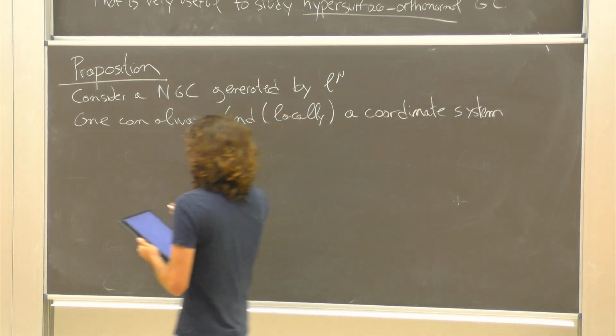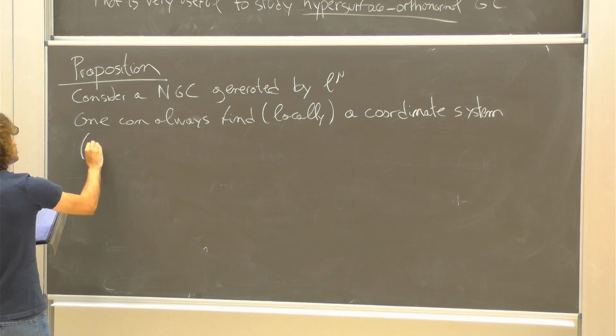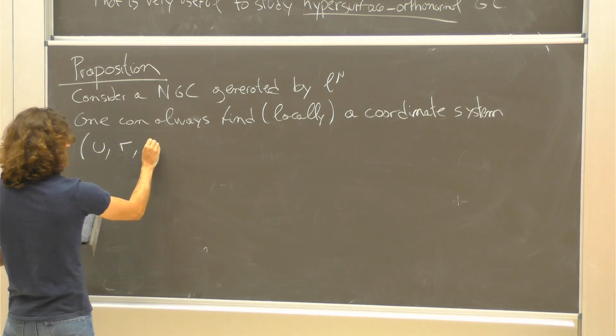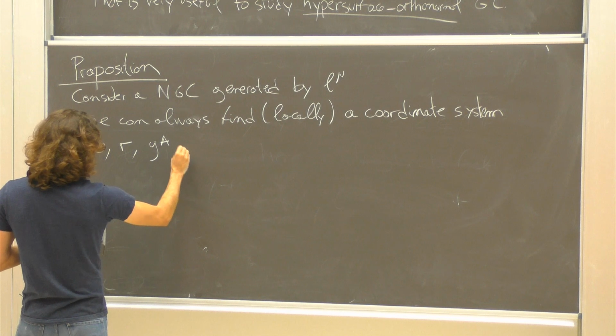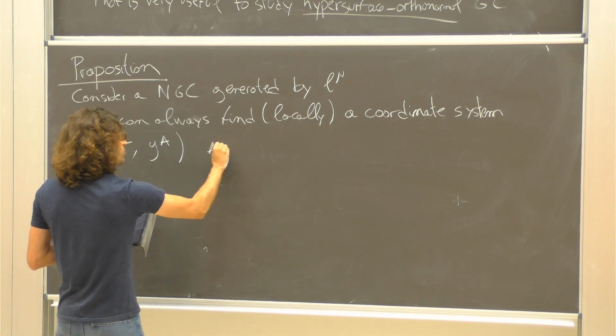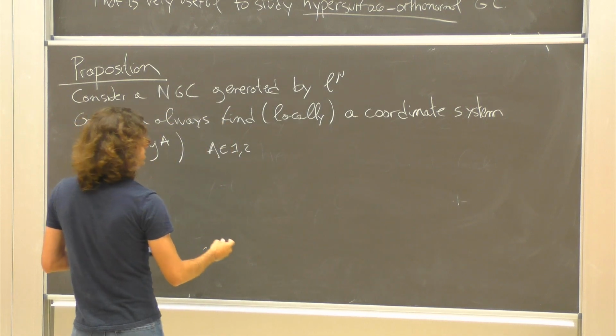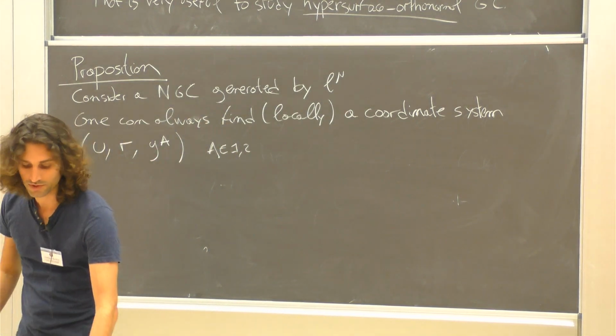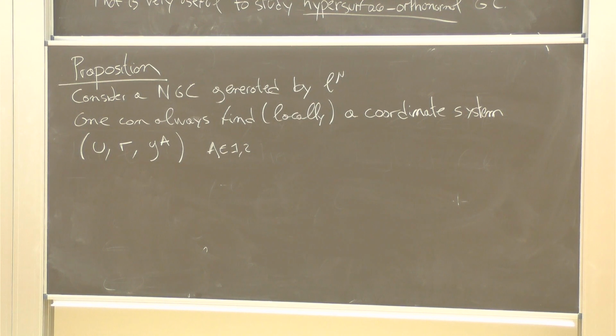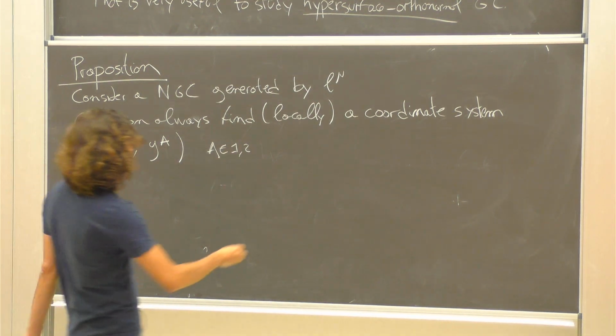So I have 4 functions, u, r, and something which I'm going to write as y^a. So these a's go from 1 to 2. Depending on the context, this is going to mean different things for me.